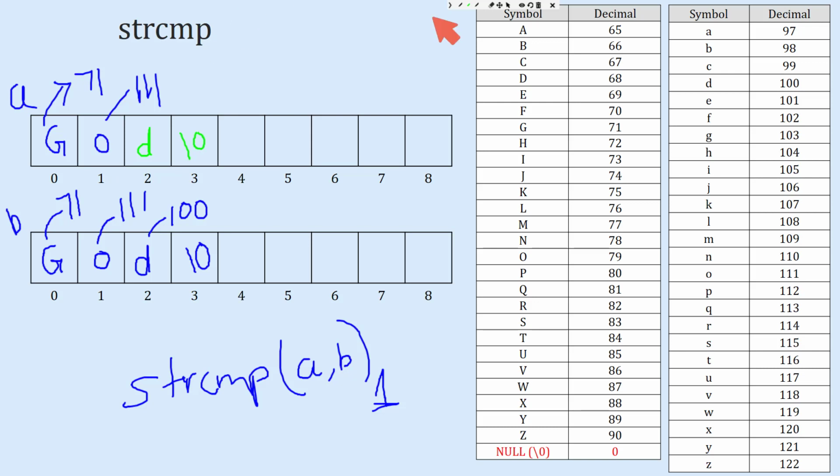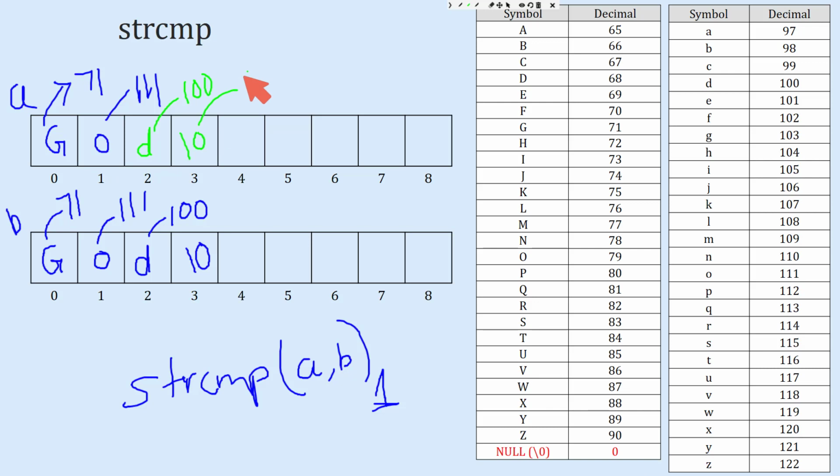Okay. So here we are comparing two strings. Both are the same. The equivalent ASCII value of D is 100. So this 100 and 100 are compared. Since it is equal, it will go to the next cell. The equivalent ASCII value for null is 0.